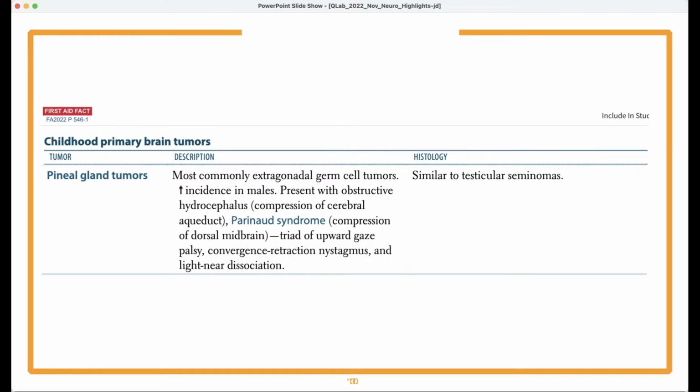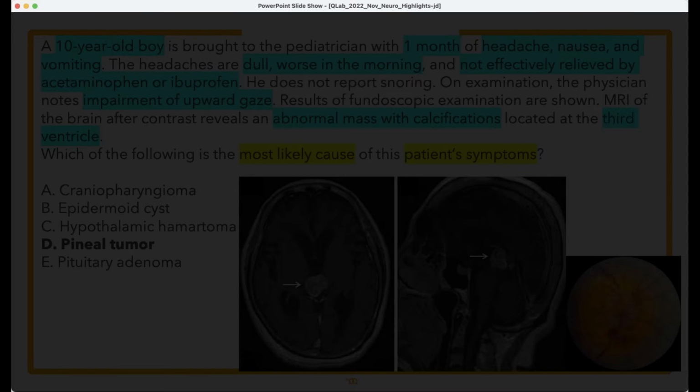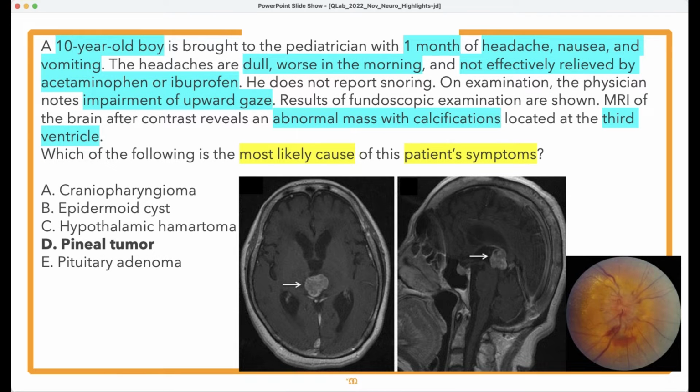And we do know that our patient, importantly, if we go back to our question and take a look at that vignette, did have impairment of upward gaze. That's a very characteristic finding of Parinaud syndrome, which is also seen in pineal tumors. So those are all things that point specifically to pineal tumors, okay?